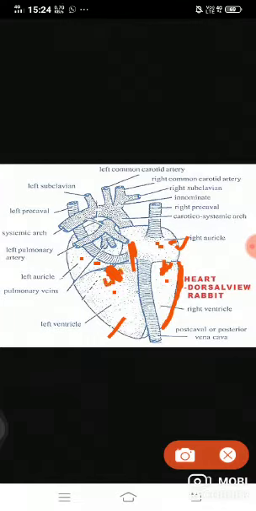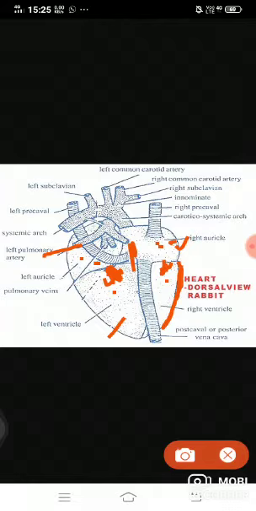The openings of the pulmonary artery and aorta are guarded by 3 semilunar valves.